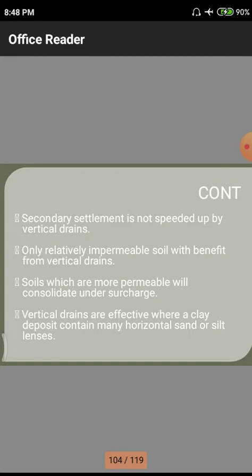Next one, soils which are more permeable will consolidate under surcharge. Consolidation means decreasing the volume by removing water content. Normally, if you have some quantity of material with some weight, adding water automatically gives the material additional weight.